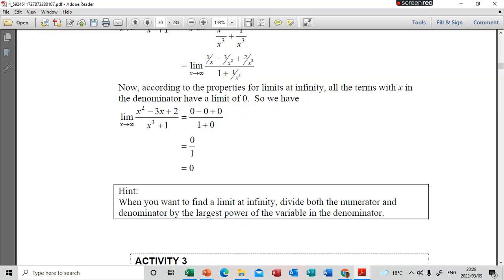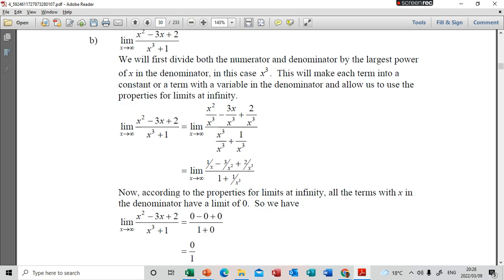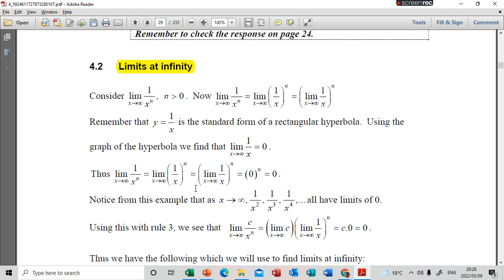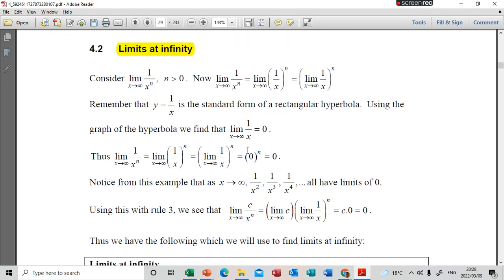You need to know these rules. 1 over infinity is equal to 0. That's how you remember. That's why you had to factor out everything.